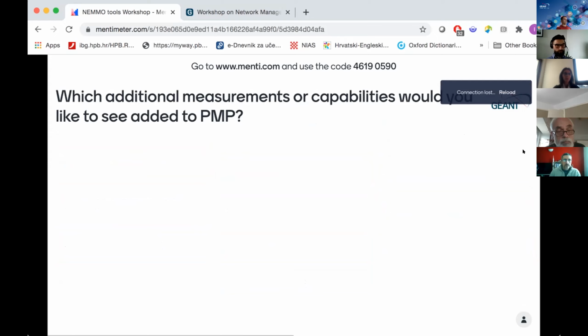So anything additional to what we have already. Shimon presented that we have delay measurements, packet loss, bandwidth, throughput, DNS, HTTP, IPv4 and IPv6 measurements of these elements. So if there is something else, please let us know.